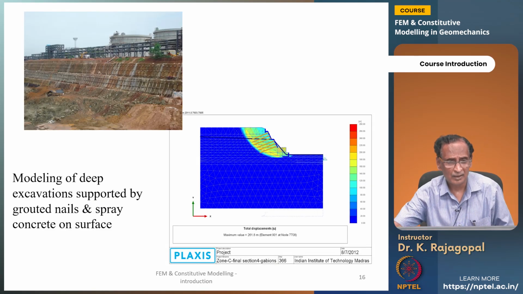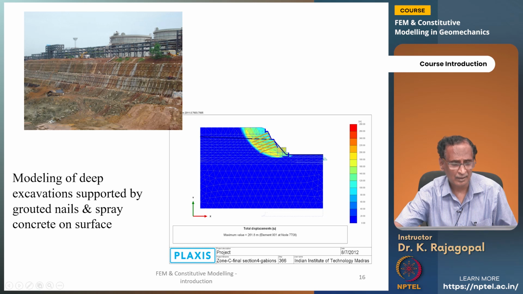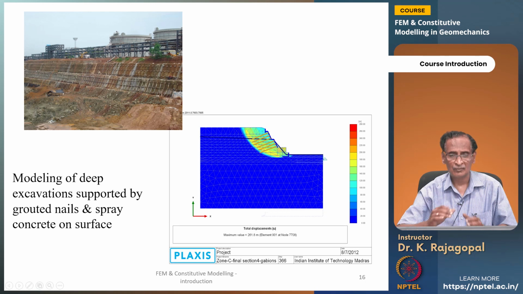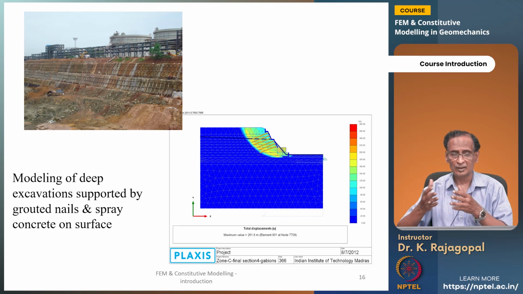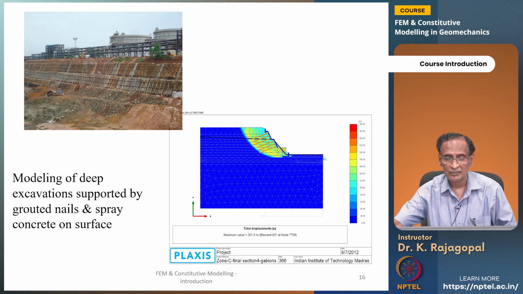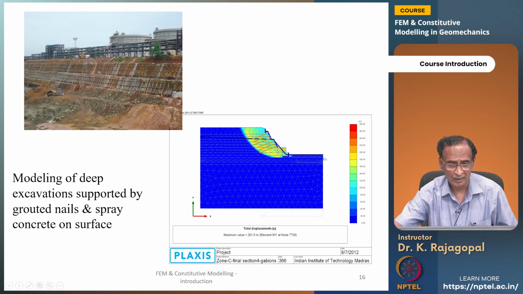Or we may have some other excavation like this. Here is another, a sloped excavation, and the slope itself is stabilized by grouted nails and spray concrete. Then what should be the length of these nails to achieve a required factor of safety, or what is the effect of any rains, and all these things we should be able to take care of by finite element analysis.